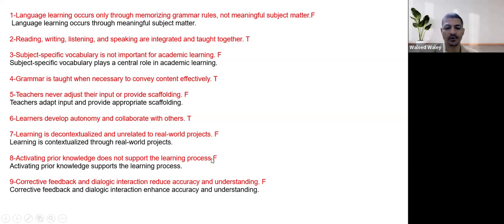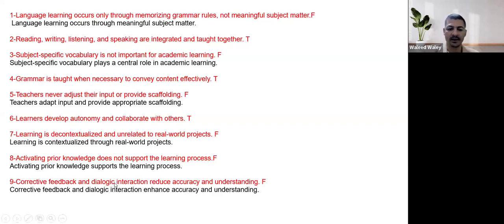No, it's false, because activating prior knowledge supports the learning process. So the teachers who use this method always activate the students' schemata or prior knowledge by, for example, giving them a short lead-in, warm-up, and so on.